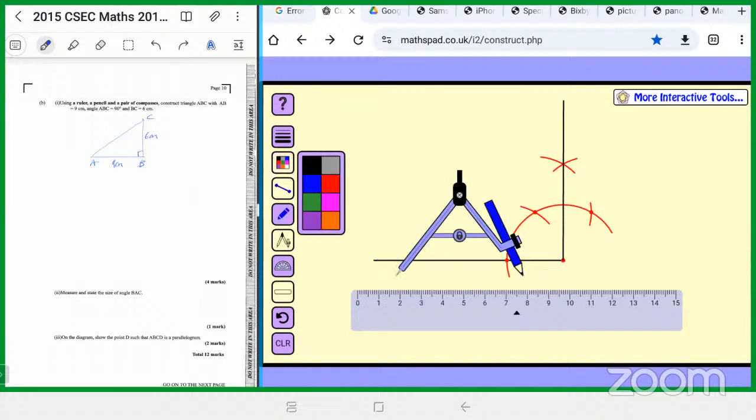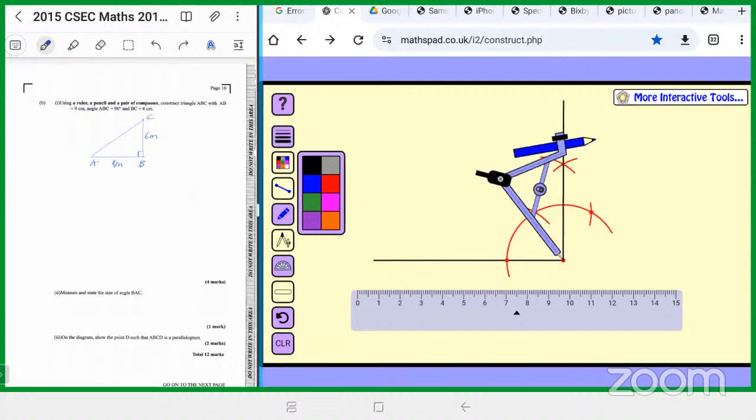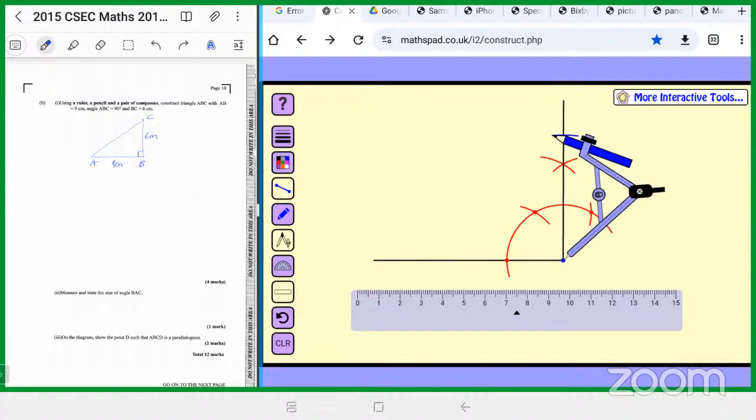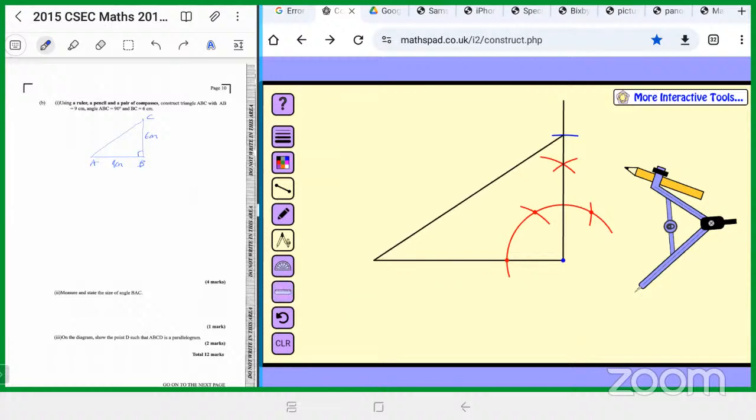And then come here and measure the 6 centimeters. And across there, that's 6 centimeters. That intersection. And then I go back for my ruler, go for my black, and complete the triangle. This end to right there. That's it. And now I can label it. So this is A, this is B, up here is C.